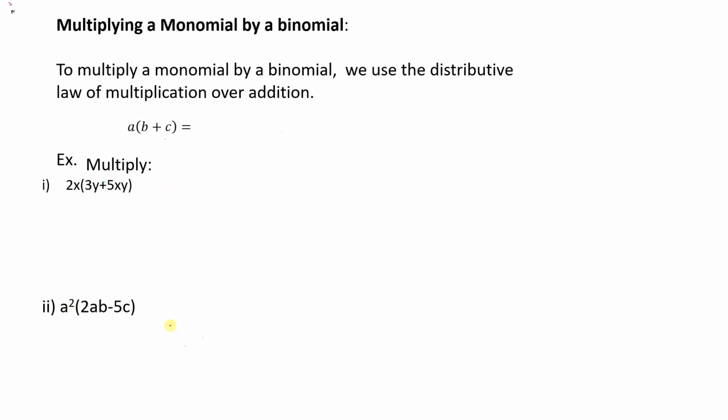Okay. Now, let us multiply a monomial by a binomial. Here, we use the distributive property of multiplication over addition. You have to multiply each term of the binomial by the monomial. a into b plus a into c.